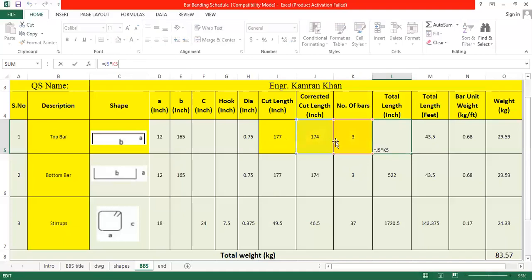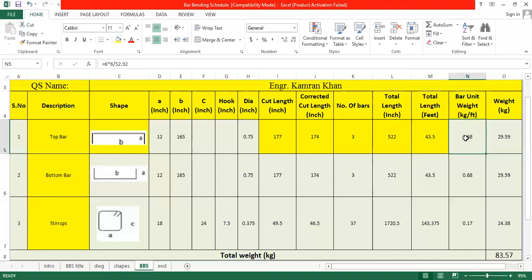The total length you will get is 522 inches. To convert this value into feet, just divide the inches by 12. 522 divided by 12 will give you 43.5 feet.